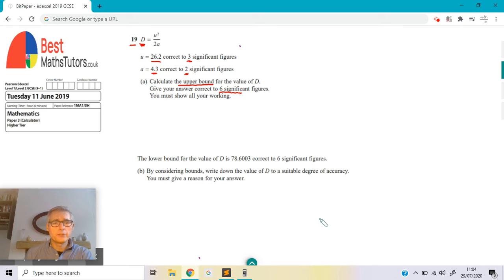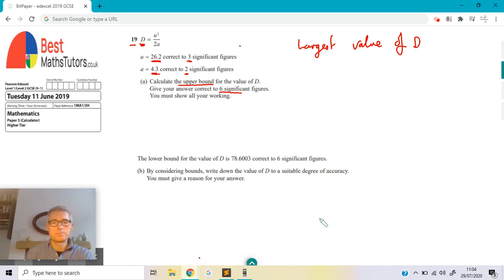What we need to do is consider what would make D its largest value. The upper bound means the largest value of D that we're looking for. So for these values of U and A, what is the largest value that D could be?